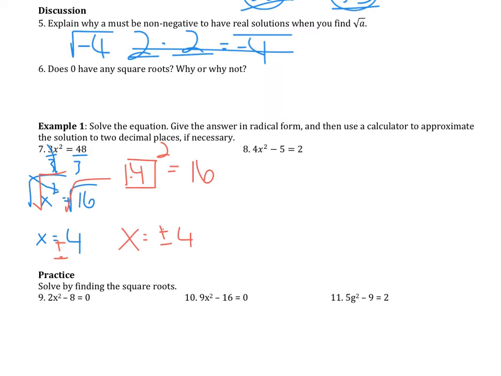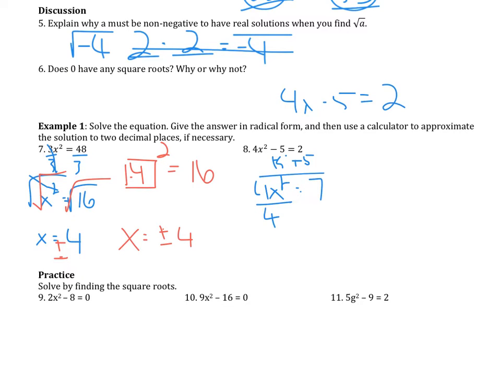All right, so let's do number 8 here. Okay, so again, we want to get our squared term by itself. And so in that case, just as if we were solving, say, 4x minus 5, we're going to add 5. And we get 4x squared equals 7.